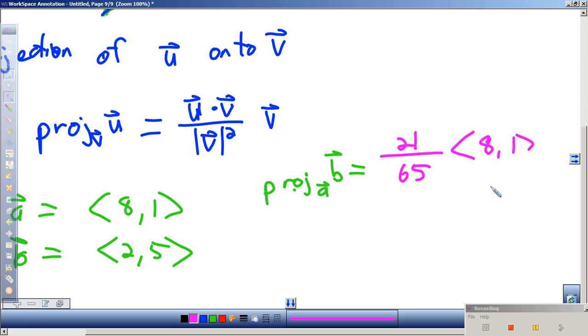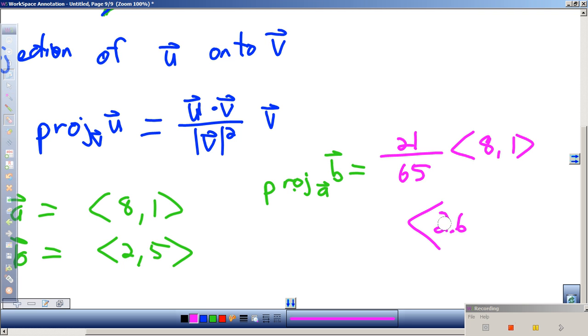In this case, it's going to give you an ugly answer, but it's fairly simple and straightforward how we did it. So 21 over 65 times 8, and then 21 over 65 times 1. So what's 21 over 65 times 8? 168 over 65, about 2.6, is that exact? Not exact.